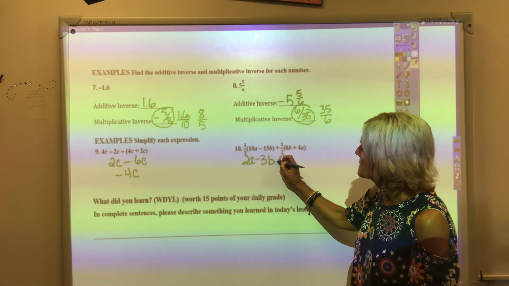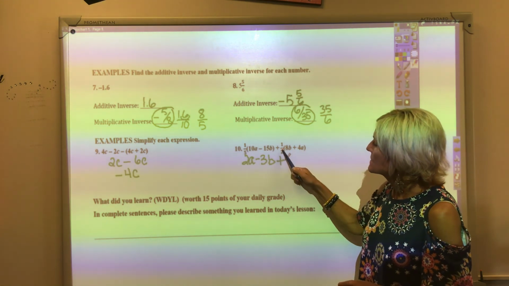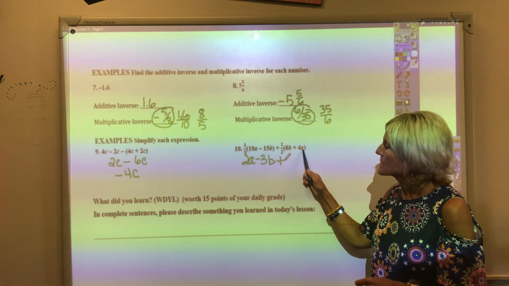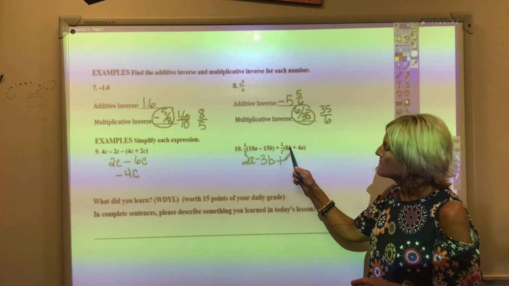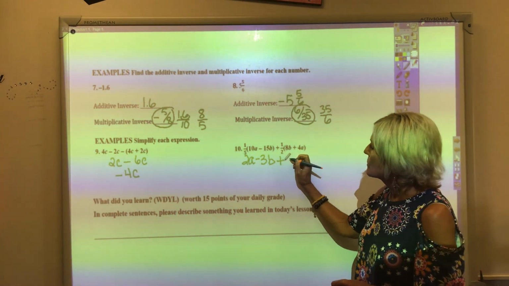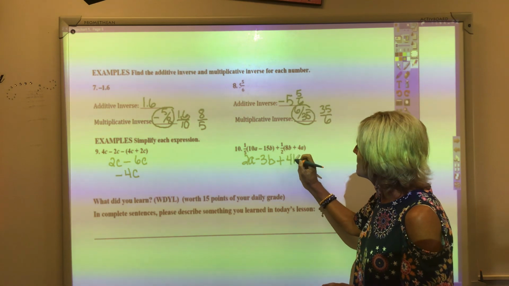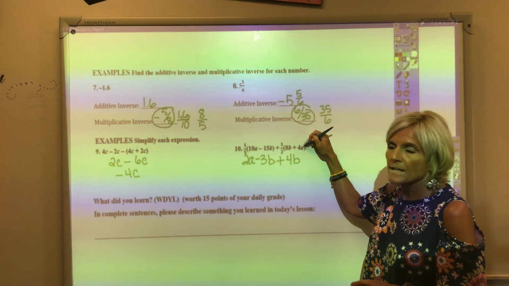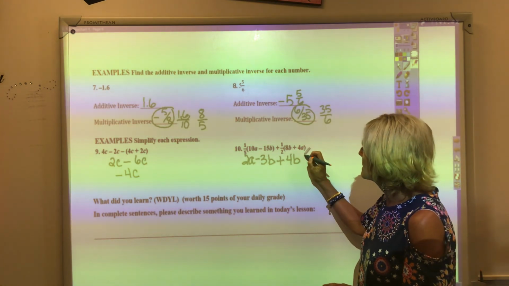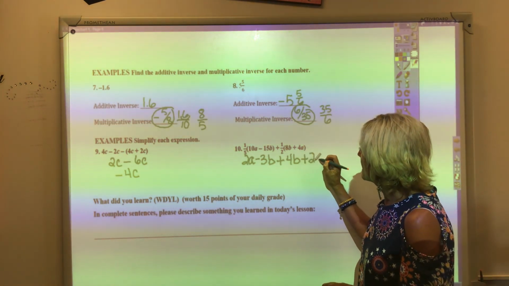Then we're going to put a plus, and we're going to do the same thing with the second parenthesis. So I'm multiplying 1 times 8b is 8b over 2 would be 4b. And 1 times 4a would be 4a over 2 would be plus 2a.